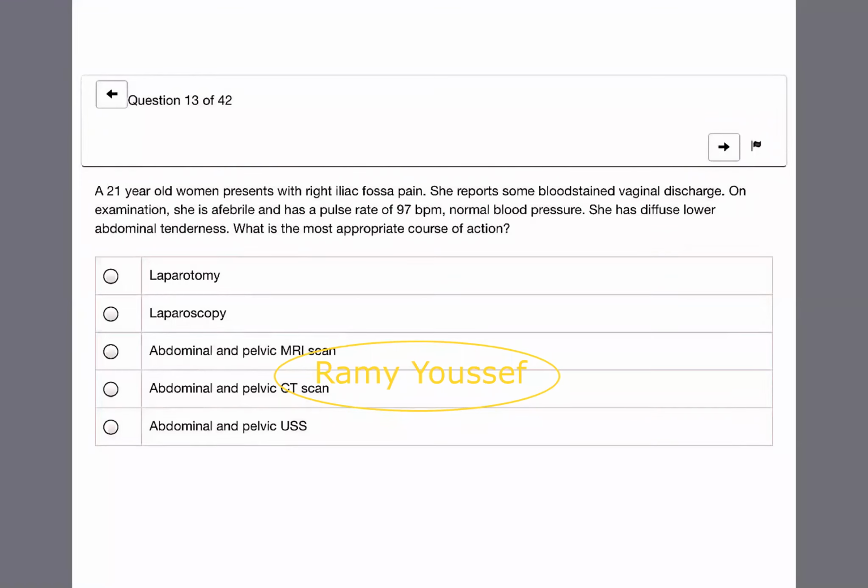21-year-old, right iliac fossa pain. Blood-stained vaginal discharge. PID to some extent, but she's afebrile. Blood-stained vaginal discharge, but it's a very young lady, so I'm not thinking of anything like a malignancy.